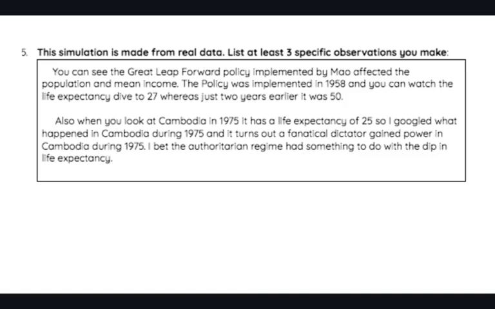They're making connections to their history courses. You can see this student knew about the Great Leap Forward policy implemented by Mao Zedong, and they were able to see evidence of what that did to the life expectancy and income as they used this simulation. So students made cool connections.